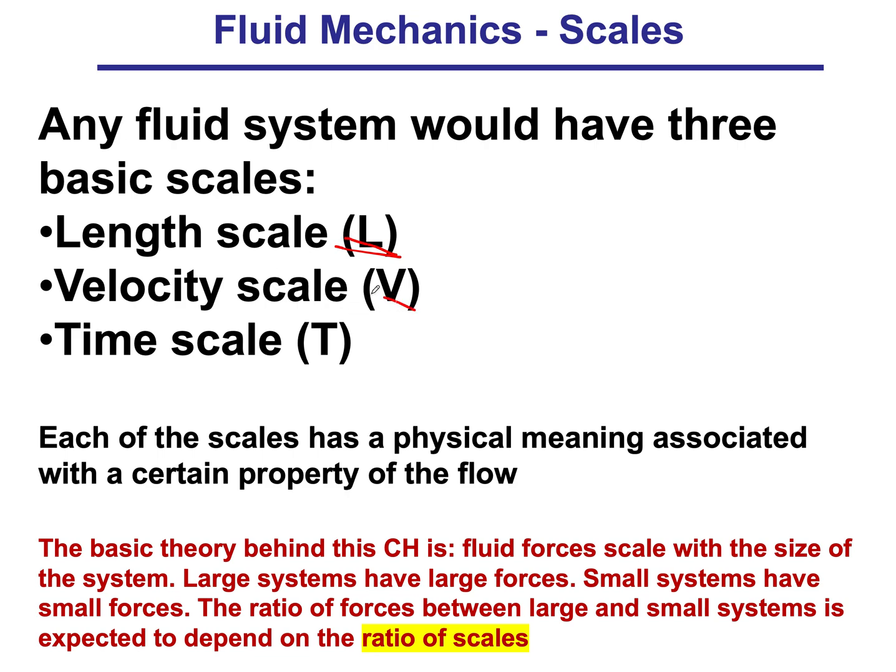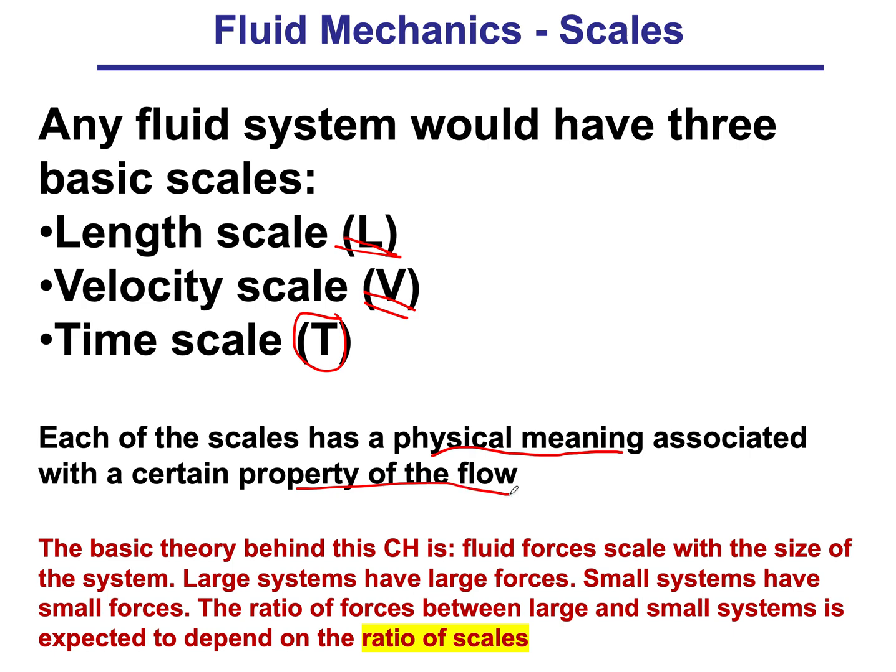There is velocity scales, just because we have flows and liquids and gases are moving, and from those two we can derive a time scale. And each one of those length, time, and velocity scales has a physical meaning for a fluidic system, and they describe some property of that particular flow.